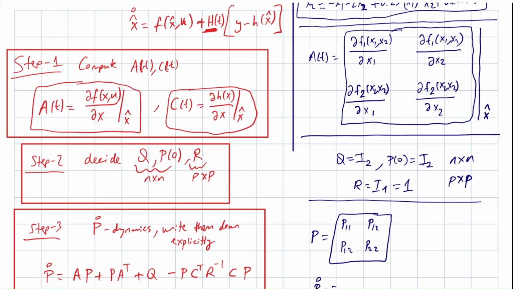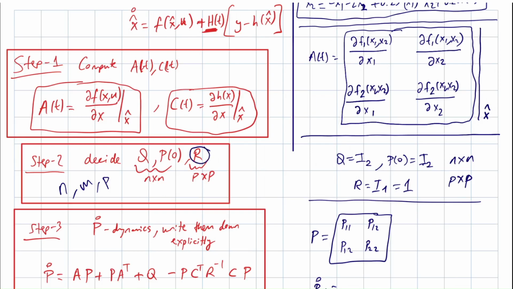Yeah, that's correct. P of 0 and those 2 guys will have the dimension of n by n. And n, by the way, is the state dimension, m is the input dimension and p is the output dimension, right? Just wanted to make that clear.